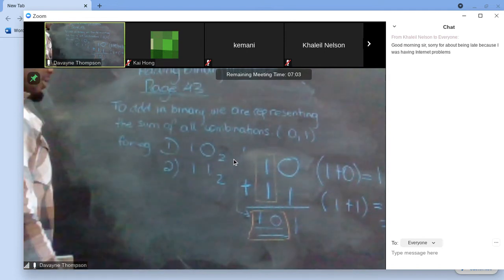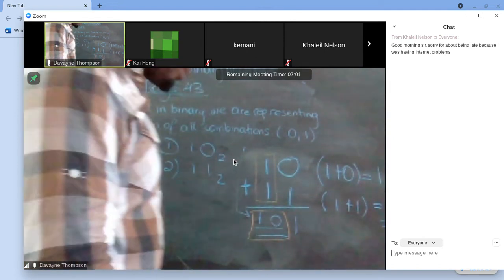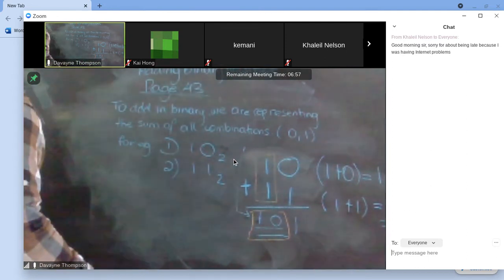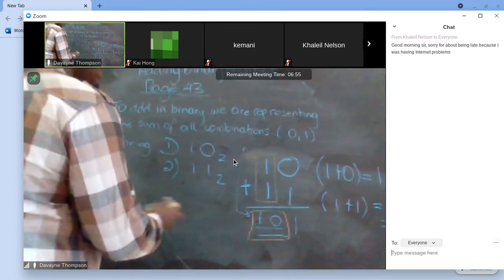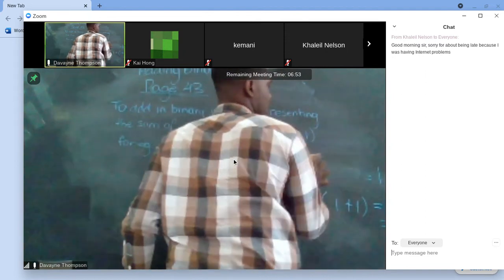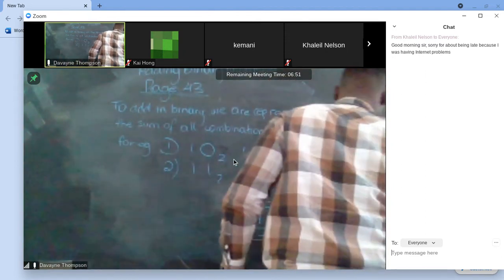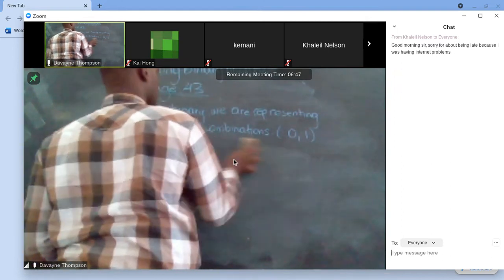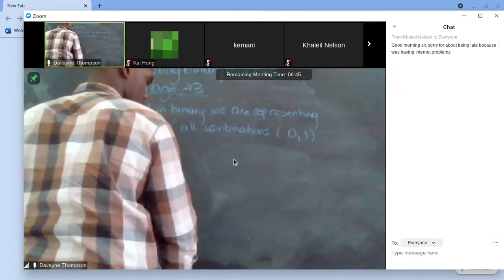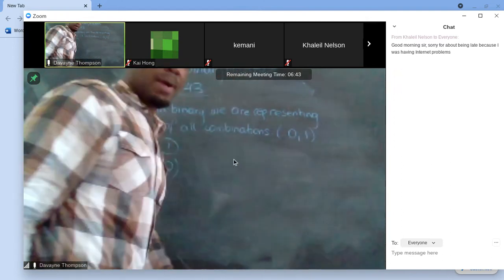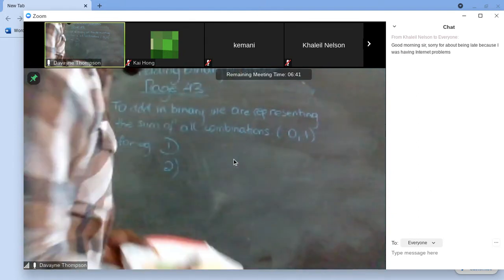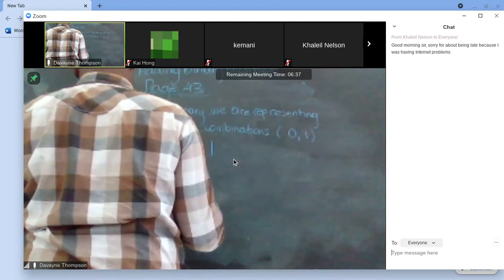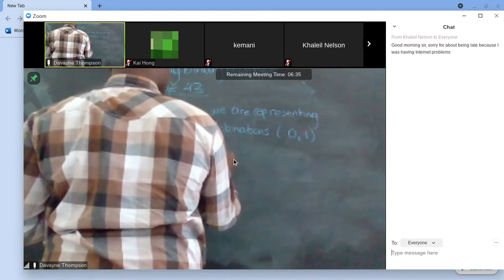Alright, that's the first one. We're going to do another one together. Here's our next value that we're going to add together. Our first binary number in this case is going to be 1, 1, 1, base 2.